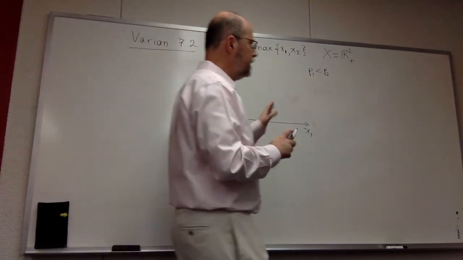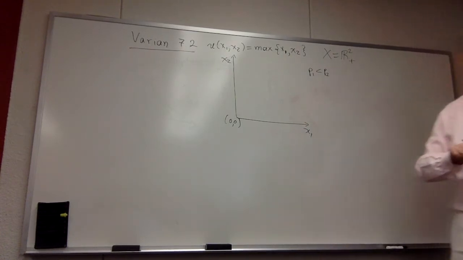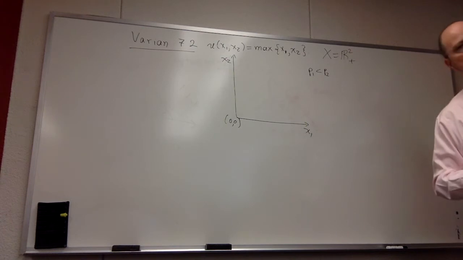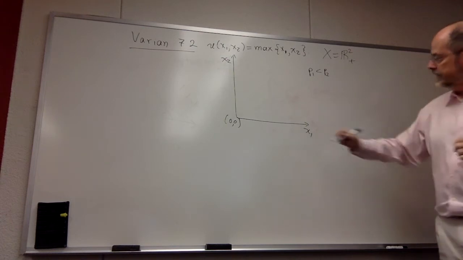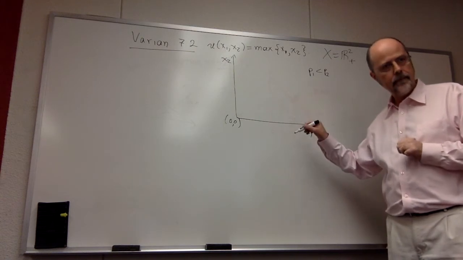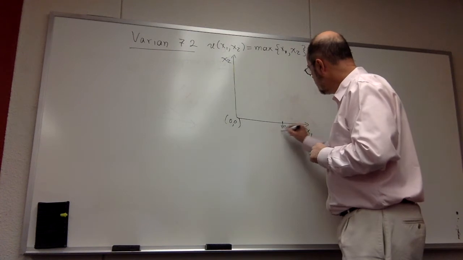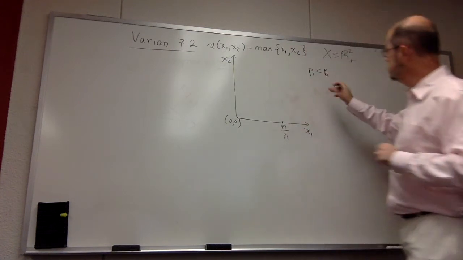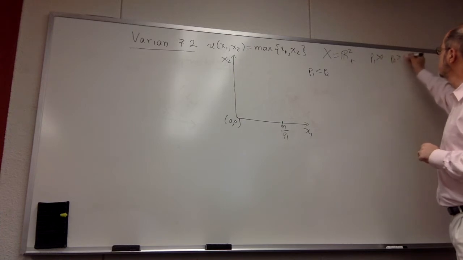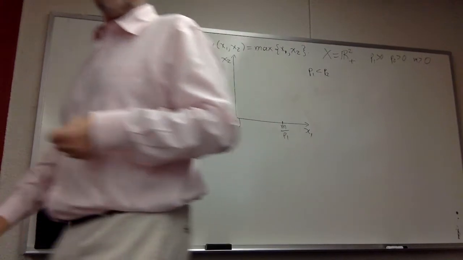Now notice I haven't put any numbers down, and yet I shall survive and do well. Remember what the intercepts are of a budget line. Well, the intercept on this axis is M over P1, right? Since I've assumed P1 positive, P2 positive, and M positive, I said it, I didn't write it, so now I wrote it.